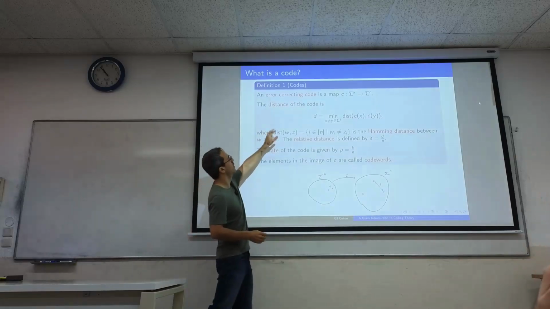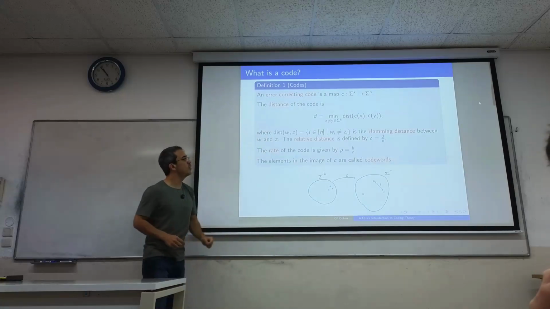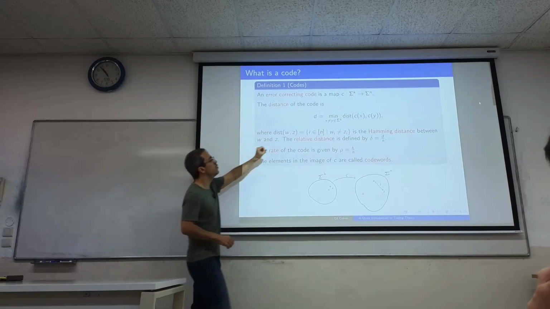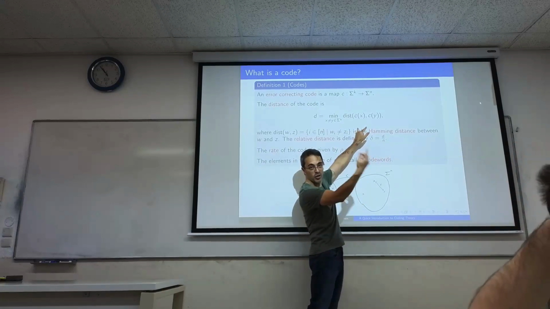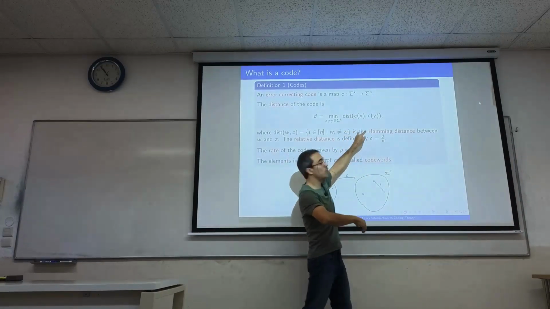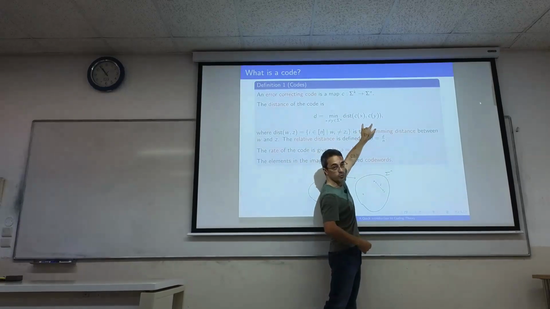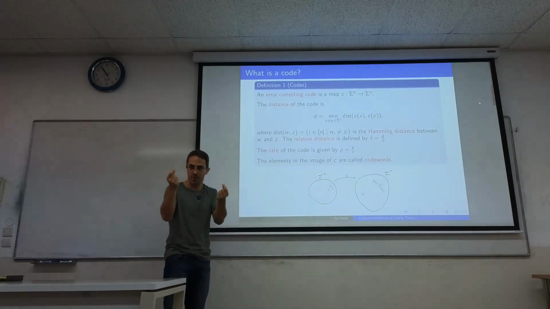So in this context, the distance of the code, that's the definition, is going to be, you're going to look at the two closest outputs of the function. The outputs of the function we are going to call code words. So you're going to look at any two distinct code words, and you're going to check how far away they are from each other.